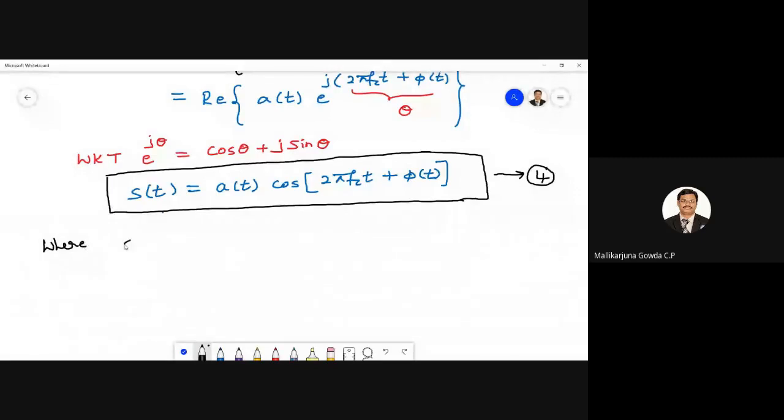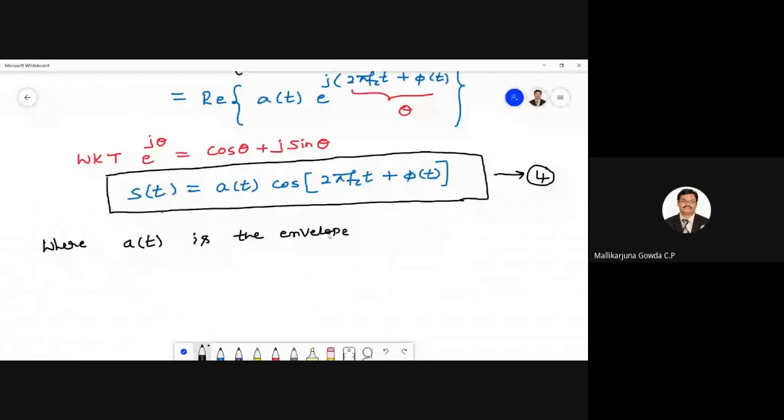So what I said here, A(t), what is A(t)? It is the envelope of the bandpass signal. A(t) is the envelope of the bandpass signal s(t).